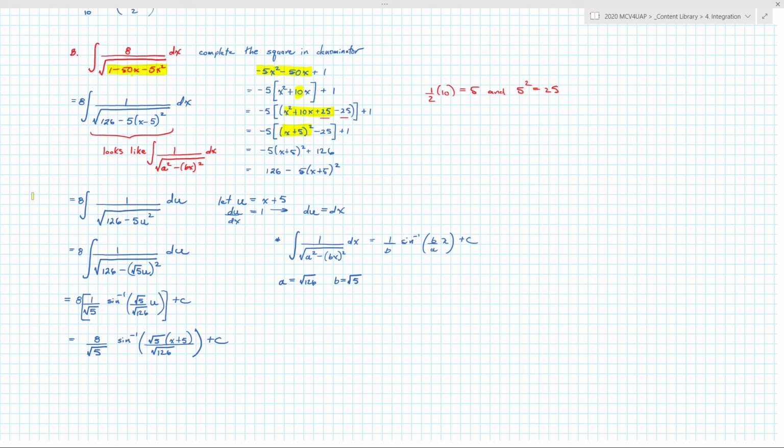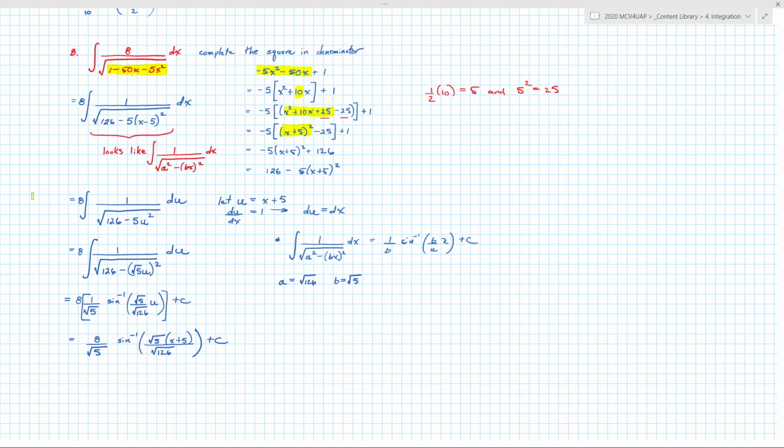So I've completed the square, but now I'm writing it in the reverse order. So I'm writing it as 126 subtract 5 times x plus 5 squared. So now I replace my non-factorable quadratic in the question with what I got from completing the square.